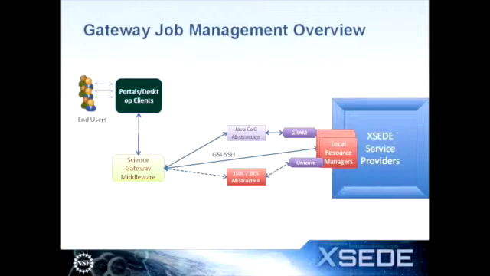We can build either a portal or a desktop client to communicate with the resource and run your applications. So science gateways can communicate with the XSEDE resource using a middleware, or we can directly communicate with the local resource manager in the machine.